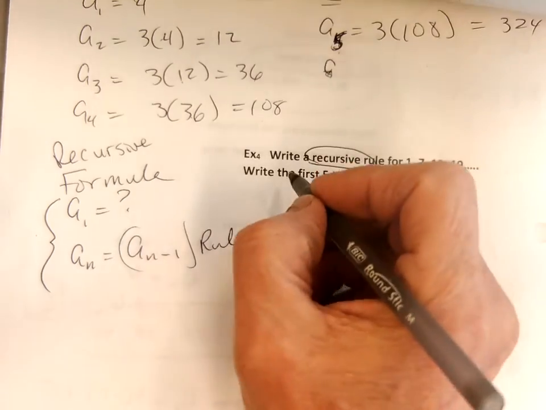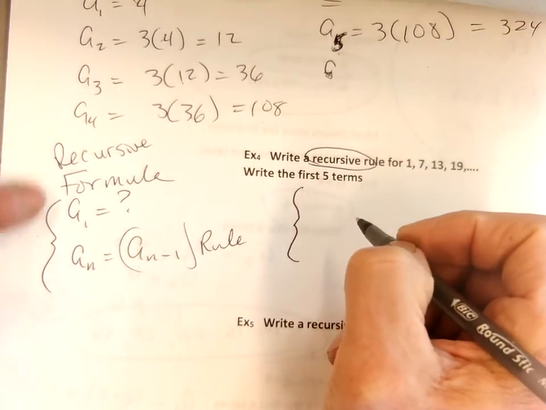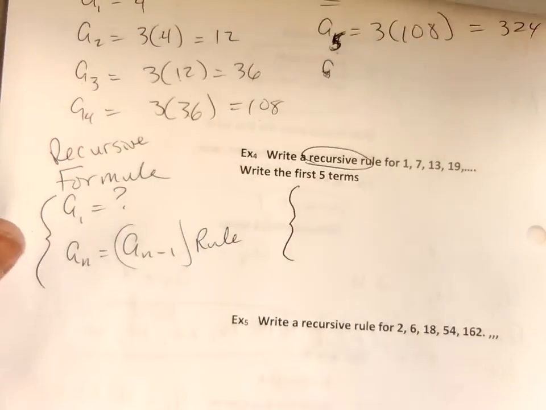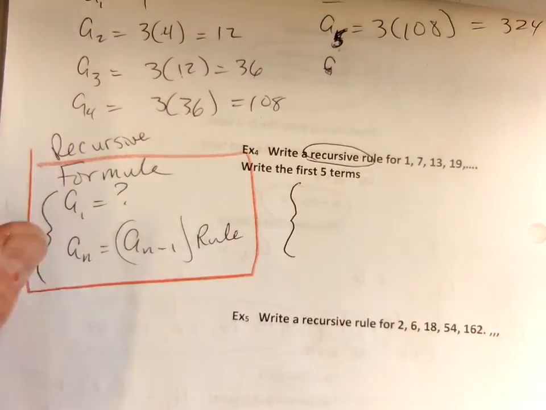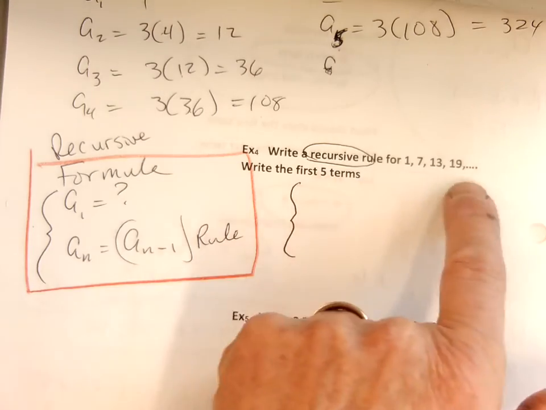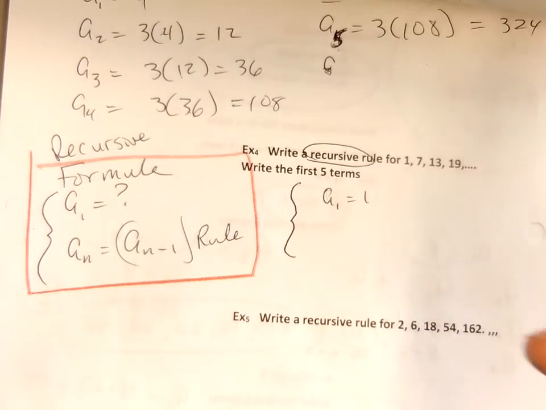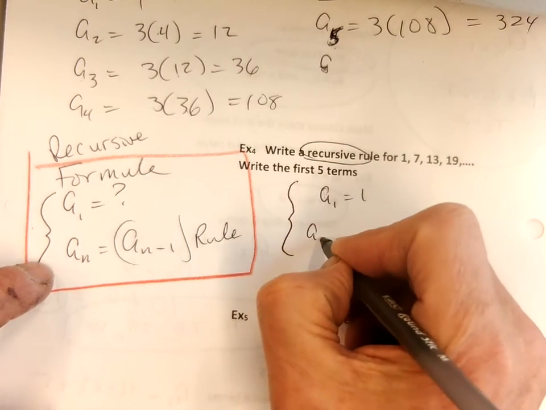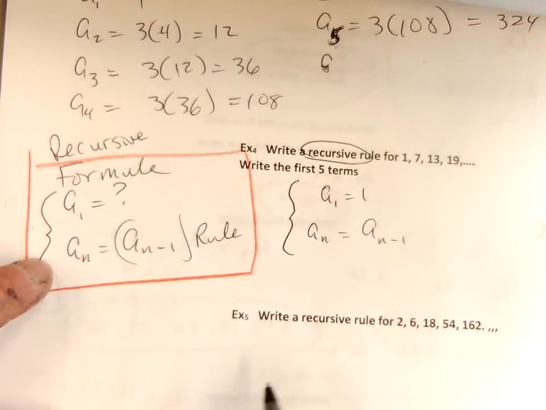So, here we go. I like the little braces. You don't have to, but I like the little braces. Okay, recursive rule. What do I need? I need A1. So what's A1? So we just say A1 equals 1. You gotta say the first term, okay? And then I gotta make a rule. A of n equals a of n minus 1, and tell me what's going on.